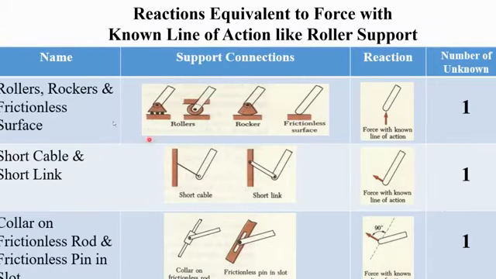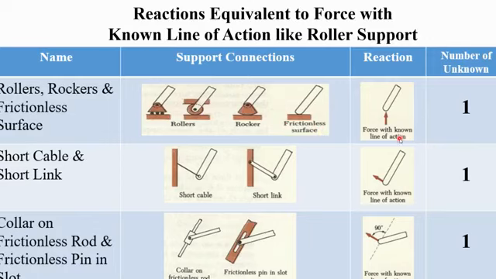Now, some supports are equivalent to roller support, that is, they have a single line of action. As we know, roller supports have reactions in the vertical direction, and so do rocker support and frictionless surface. You remember, a frictionless surface is a simple support.